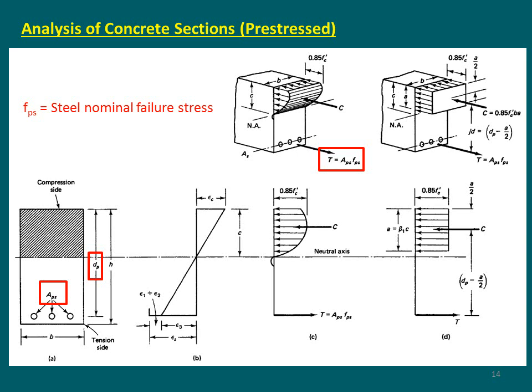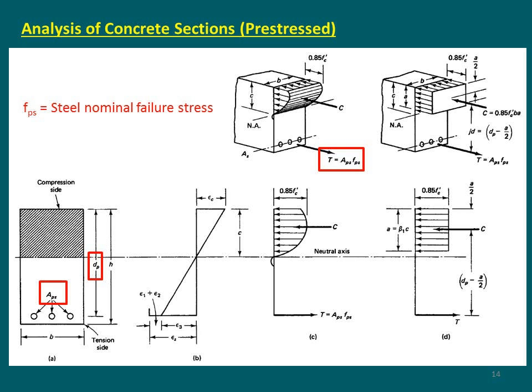Now instead of having the depth called d, I'm going to call it here d sub p, depth to the pre-stress. Instead of As is going to be A sub ps, which means for the pre-stress strand or steel. The rest of the analysis is going to be very similar to what we used to do for conventional concrete design.